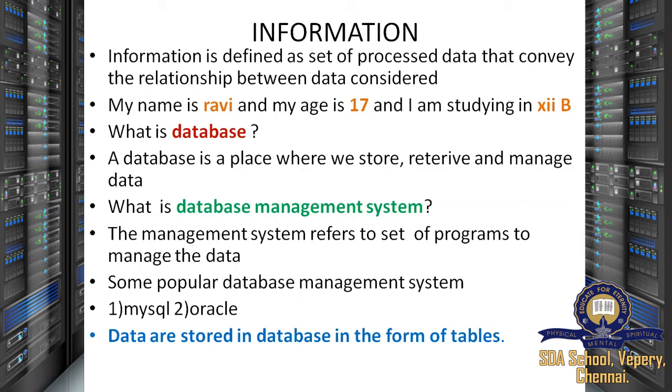The same way, once we collect the data, we have to save the data in a place. The place where you save your data is called a database. So we define database like this: it's a place where we store, retrieve, and manage data.